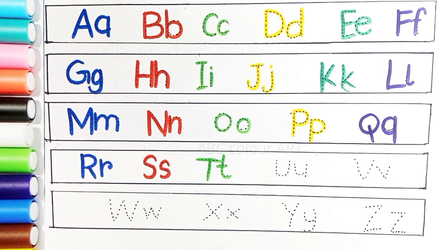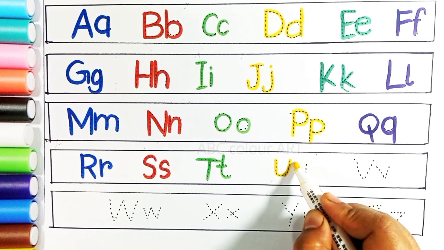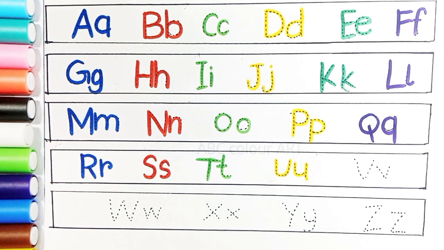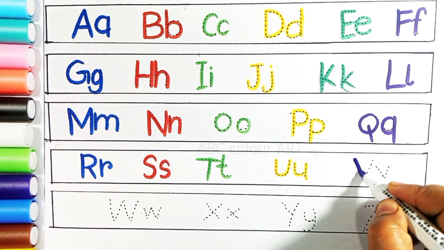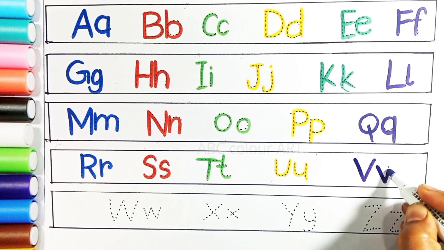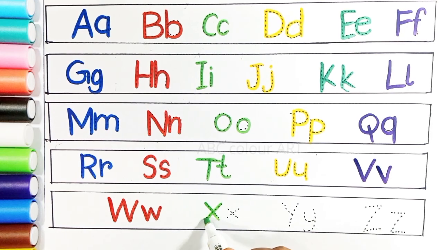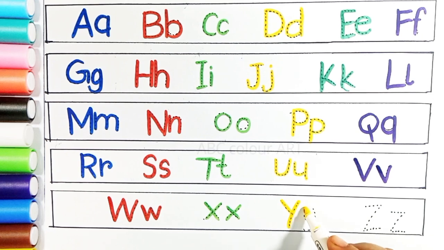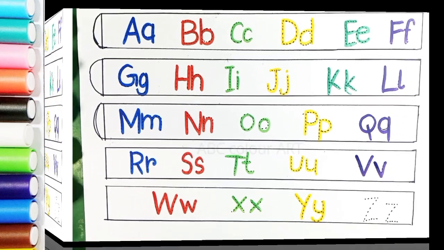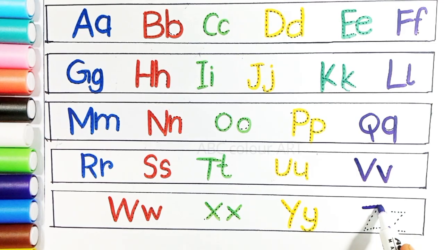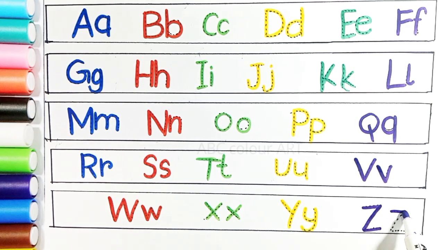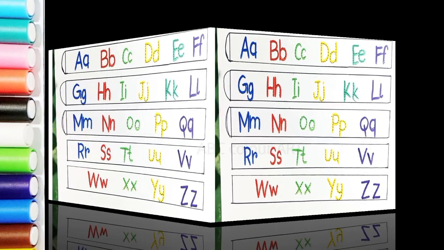T is for tiger. Capital U, small u. U is for umbrella. Capital V, small v. V is for van. Capital W, small w. W is for watermelon. Capital X, small x. X is for Xmas tree. Capital Y, small y. Y is for yo-yo. Capital Z, small z. Z is for zoo.